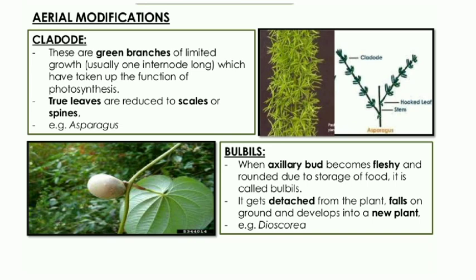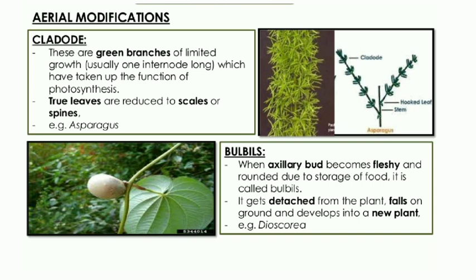Last example is a bulbil. When the axillary bud becomes fleshy and rounded due to storage of food, it is called a bulbil. That means modification of the axillary bud into a fleshy and rounded structure that stores food.